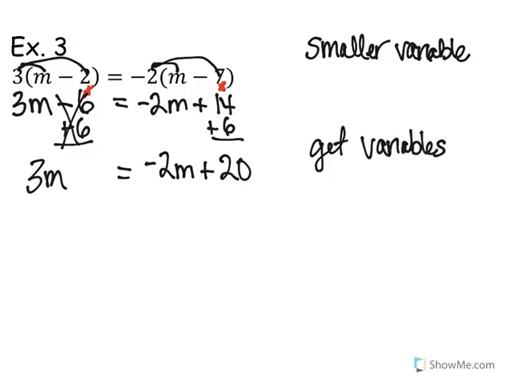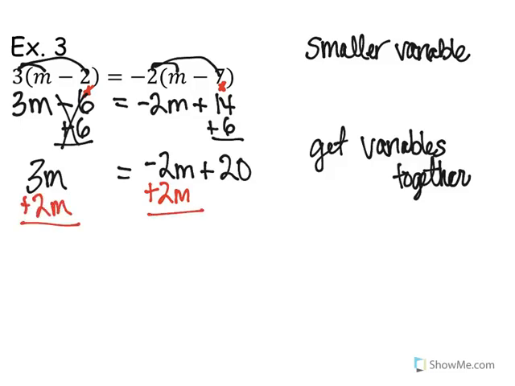Next step, get variables together. Which variable should I move? Should I move the 3m or should I move the 2m? 2m. And how do I move the 2m? Well, it's a negative 2. Add 2m.